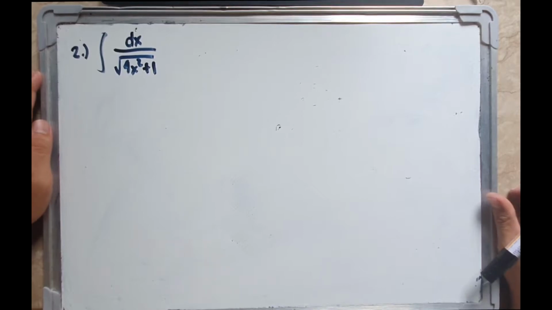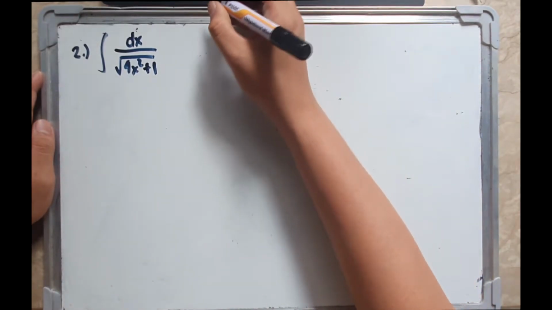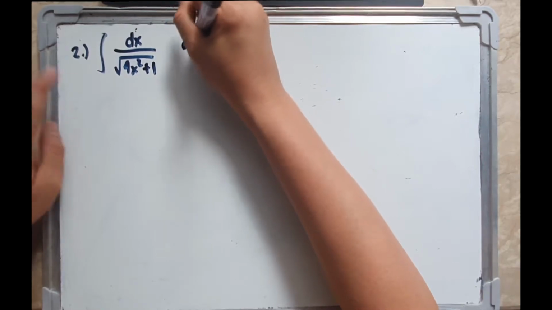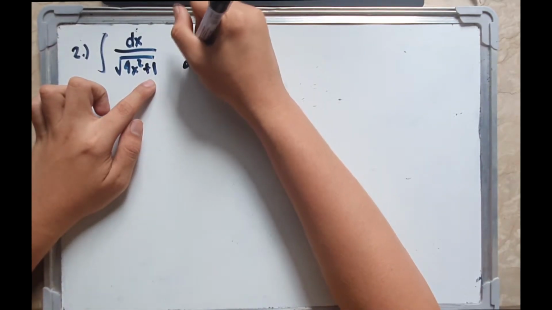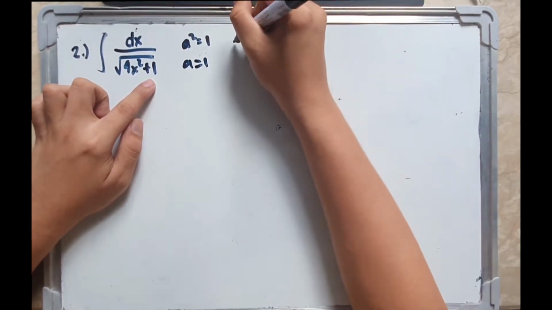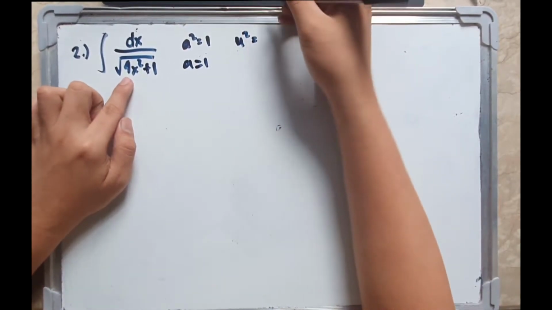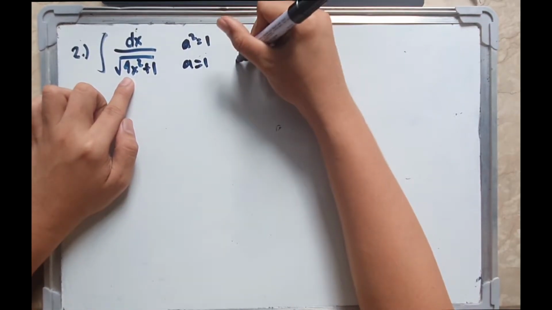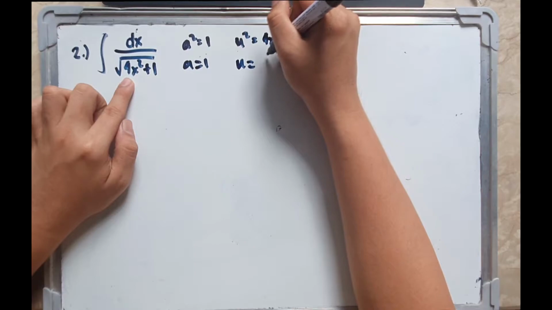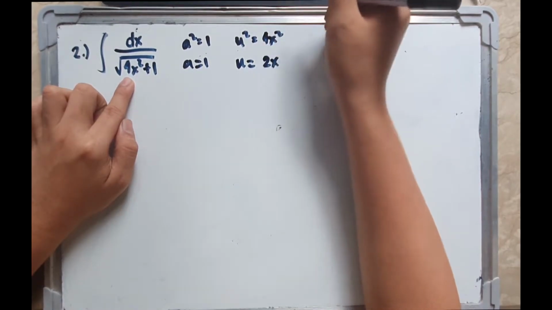Okay, so number 2, we have the integral of dx over the square root of 4x squared plus 1. Again, assigning the values: for a squared, obviously we'll use 1, so a is 1. For the u squared, it's equivalent to 4x squared, therefore the u is equivalent to 2x.